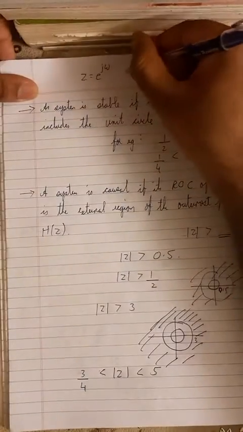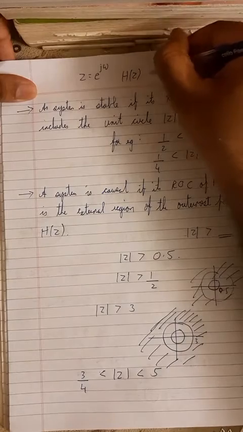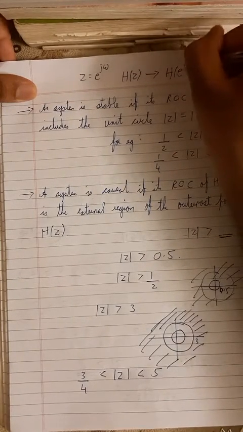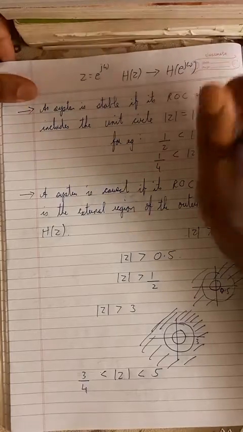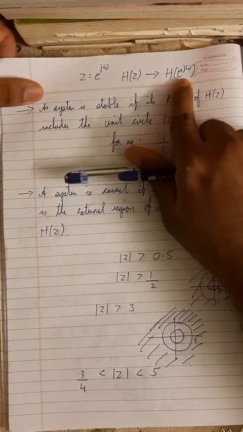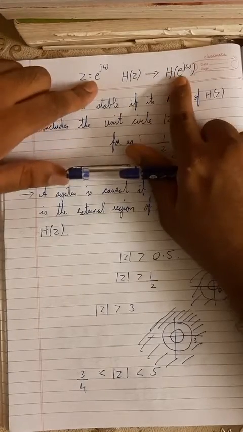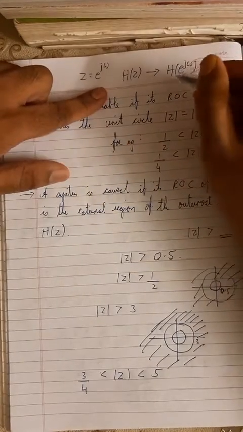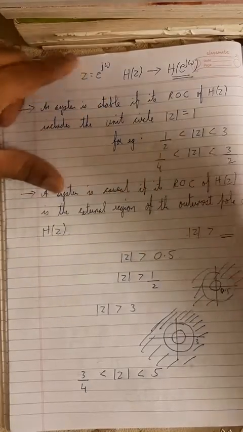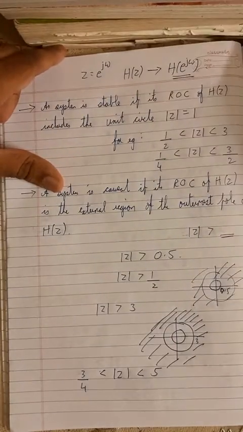Or in other words, when H of z is replaced by H of e raised to j omega, that function is essentially what you call the frequency response of that system. That is also one more thing you need to remember.